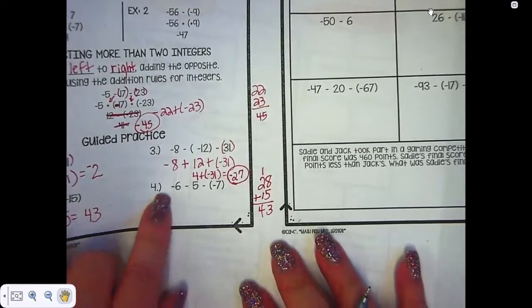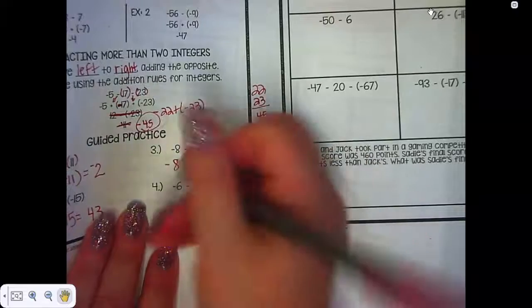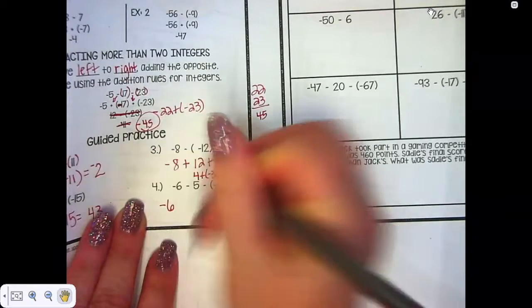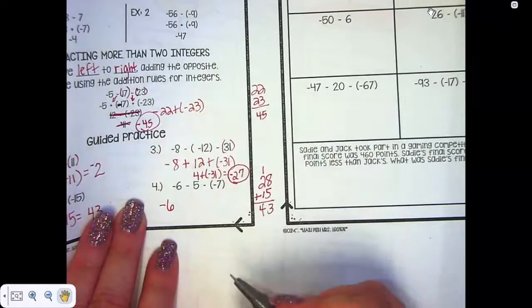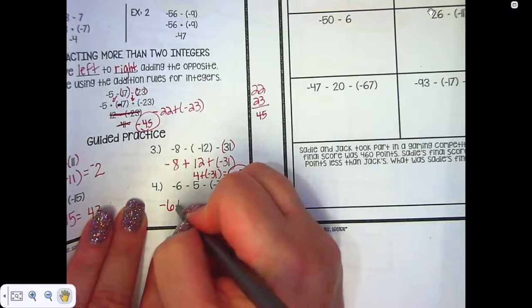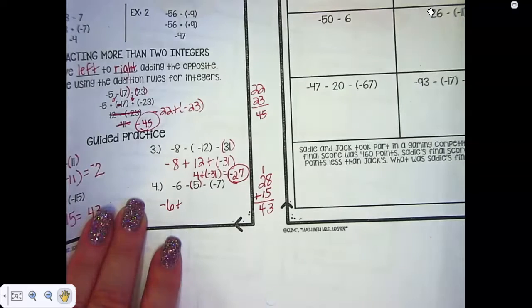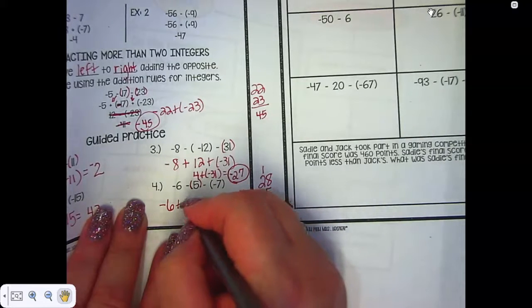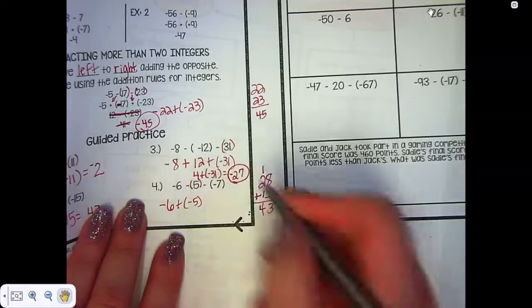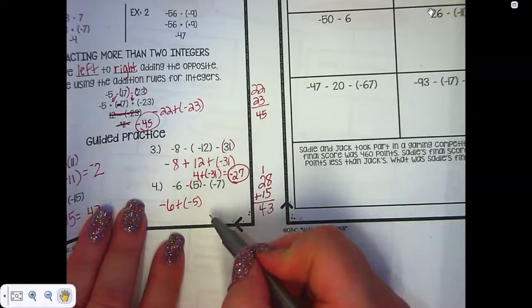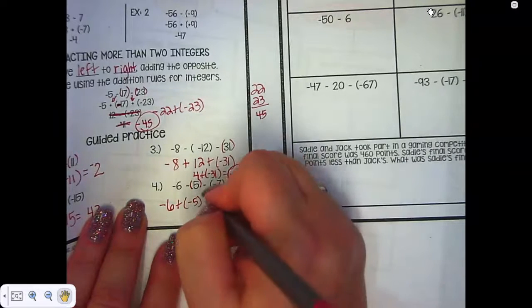All right, number 4. Keep the negative 6 a negative 6. Change the subtract to add. This is where you have to be careful. You have to look at that 5. Is that a positive 5 or a negative 5? It's positive, so we have to change it to a negative 5. Change that subtract to add.